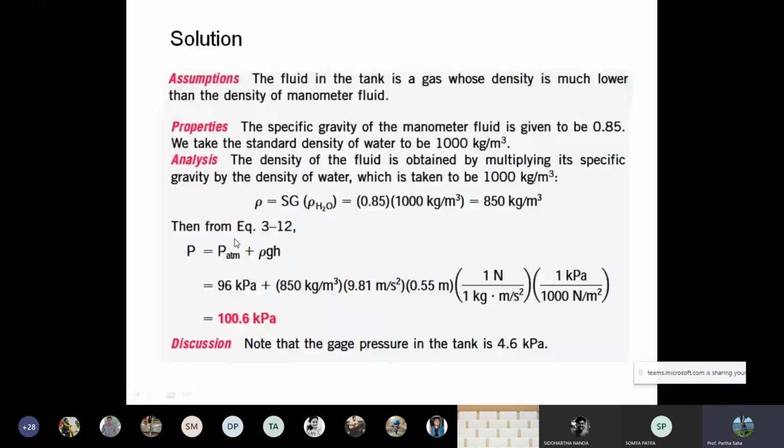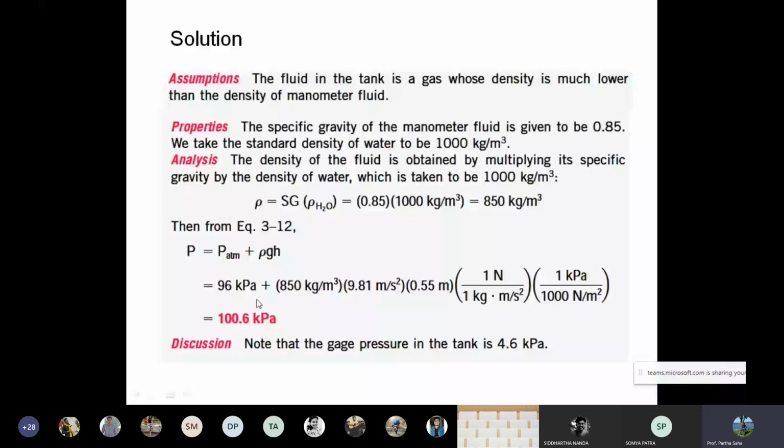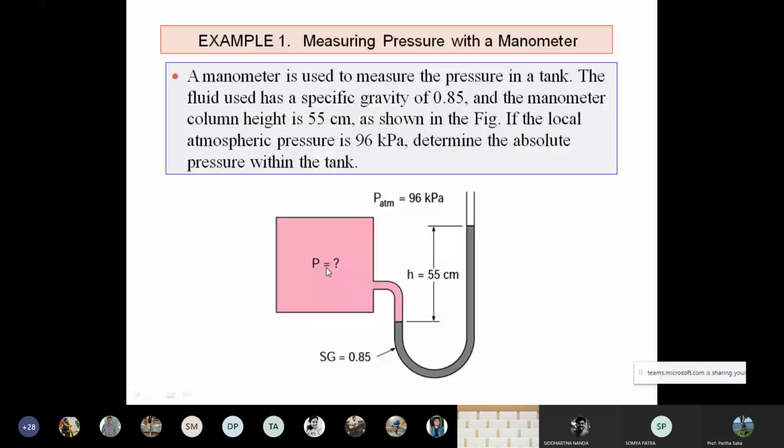Atmospheric pressure is given, the density is given, g is given, and the height is given, 55 centimeters. So this elevation is 55 centimeters. You just put together all these values and it comes to 100.6 kilopascal. So that is the pressure inside this tank, right? That's how I determined it.